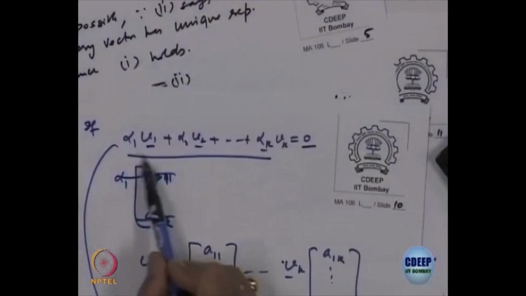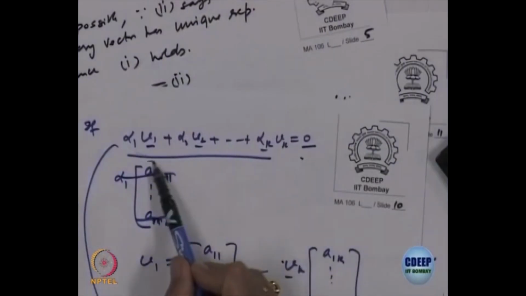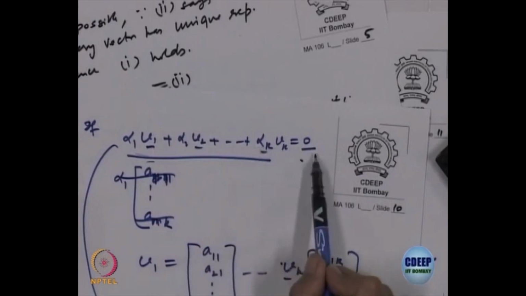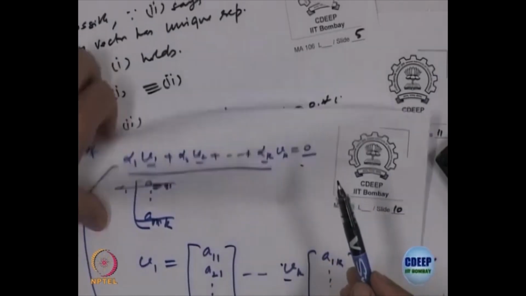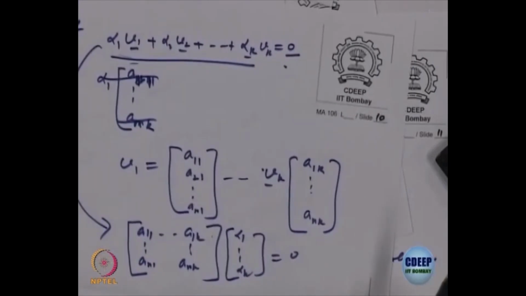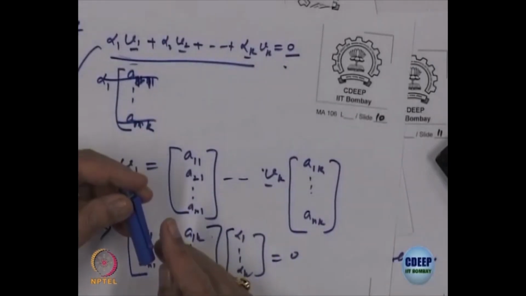That means there are infinitely many solutions possible. That means in this linear combination I can have infinitely many solutions of alpha 1, alpha 2, up to alpha k, such that this is equal to 0. That means if I have more vectors than the number of components, then that set is always linearly dependent, and that is what is happening in this case.